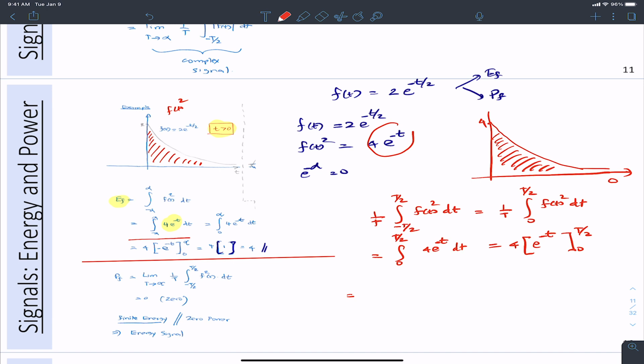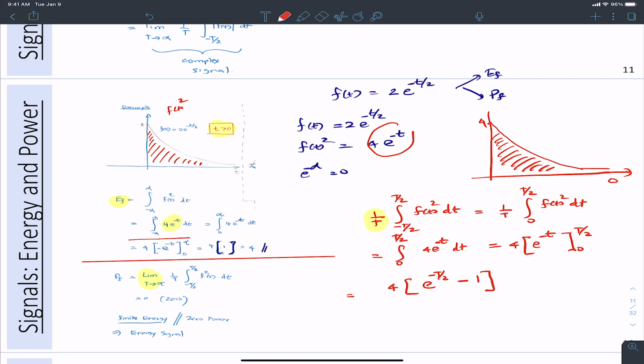Zero to t by 2. Okay, hang on. Then that will be 4 times e to the power minus t by 2 minus e to the power 0, which is 1. Now don't forget that after we compute the integration, we kind of ignore the limit.